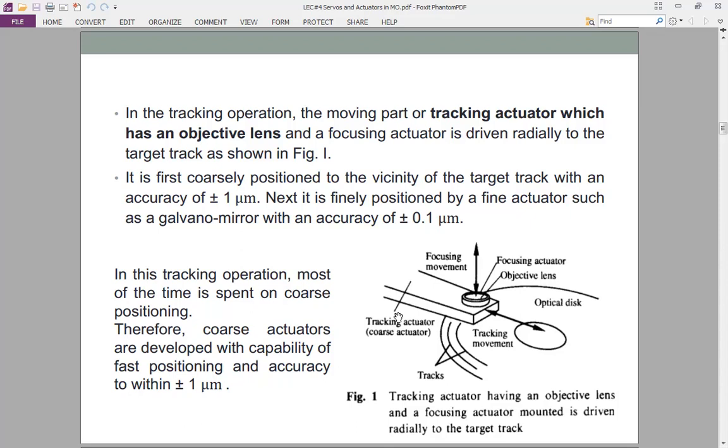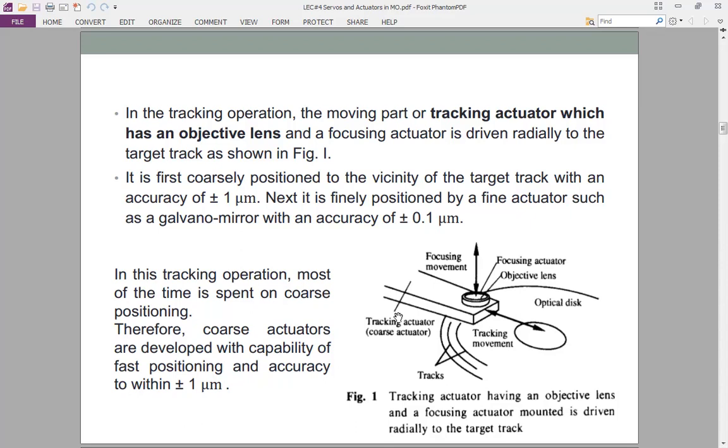It is first coarsely positioned. That means it is just generally positioned around the correct track. Then once it is coarsely positioned, we have a fine actuator that will now do the adjustments until the laser spot is directly on the center of the track.